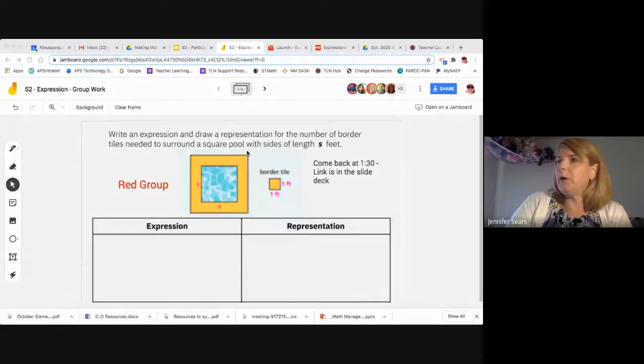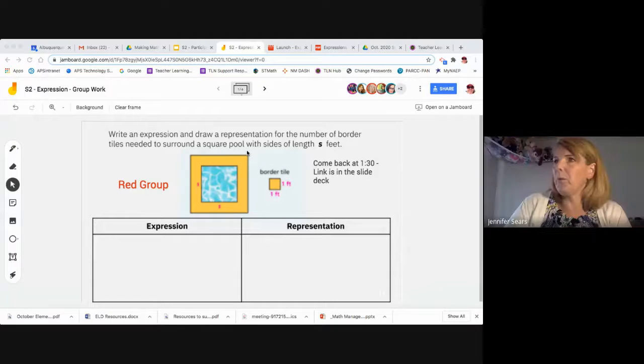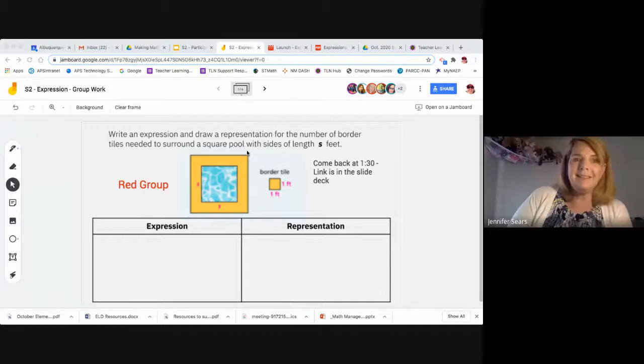Give them a few more. Let's give the red group one more minute. Okay. I'm hoping that some of them will rejoin us really soon, because I really, really enjoyed their productive struggle. They did. They had quite a bit of it.